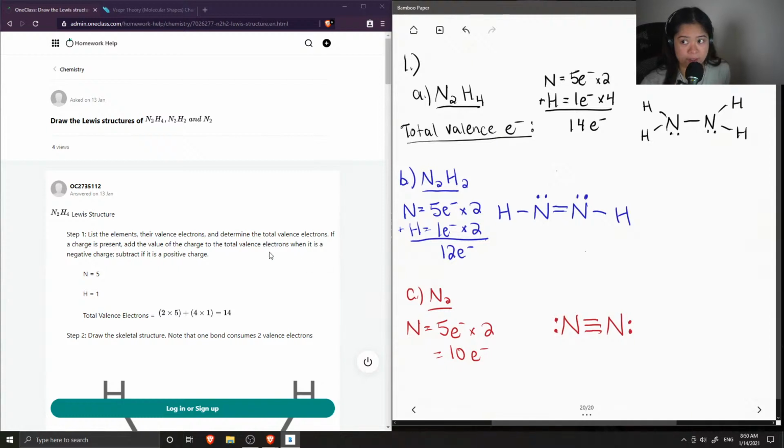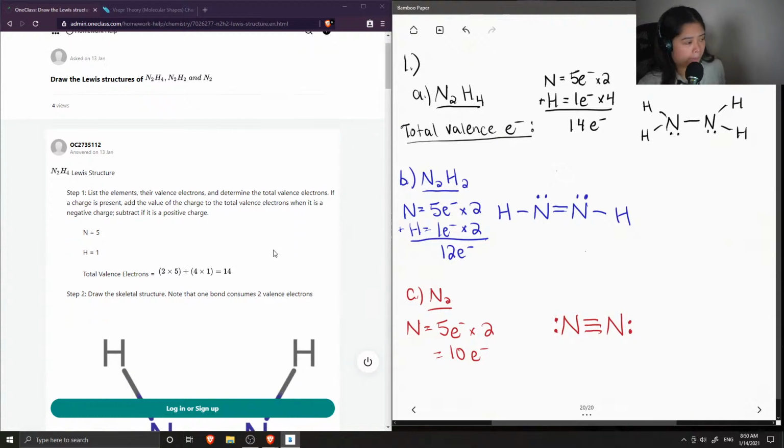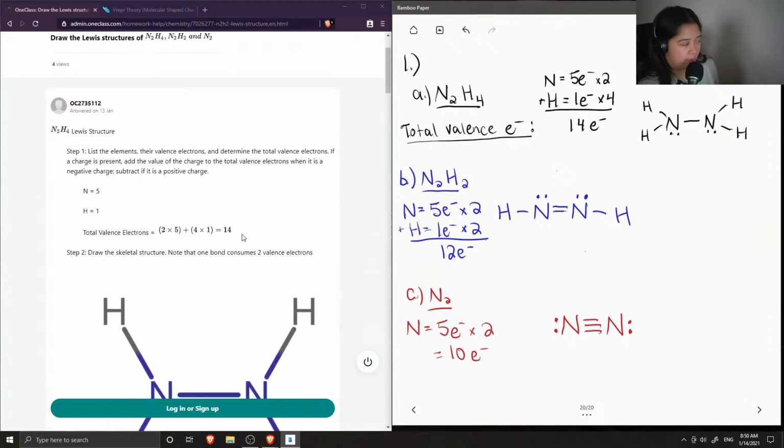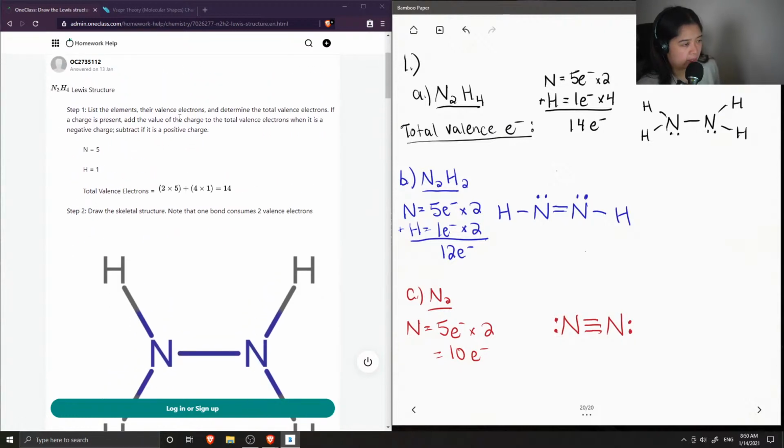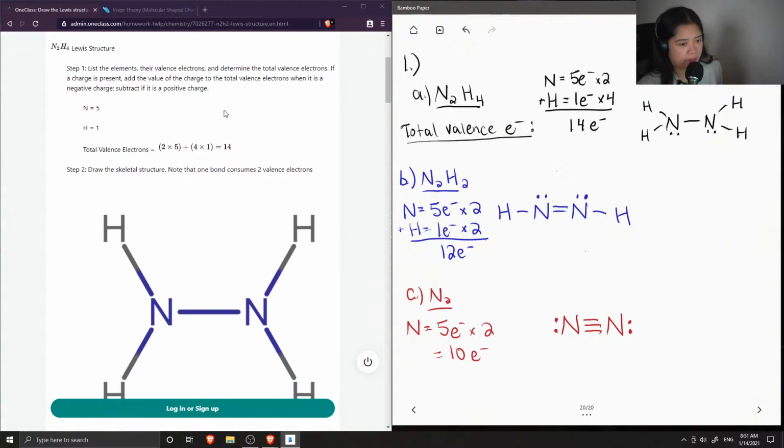So now let's see what the junior tutor said. For the first structure, step 1 is to list the elements, their valence electrons, and determine the total valence electrons. If a charge is present, add the value of the charge to the total valence electrons when it is a negative charge, and subtract if it's a positive charge.